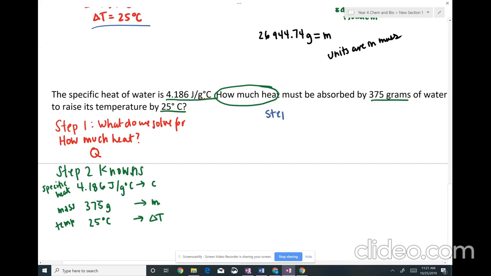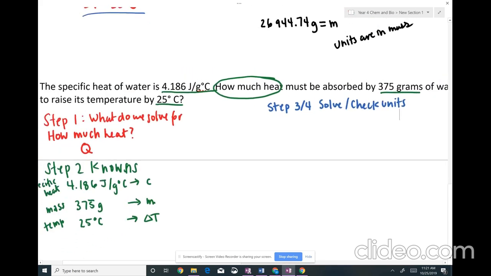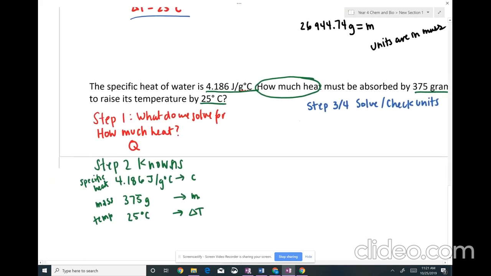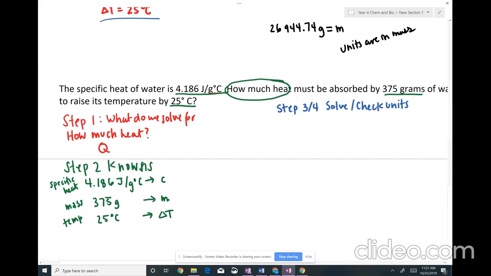We're going to solve and check units, my bad, not variables, units. So we're going to look at our Q equals MC delta T. Then we're going to solve for Q, so we're going to leave Q alone.